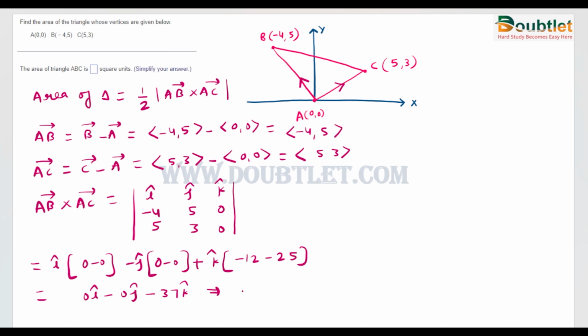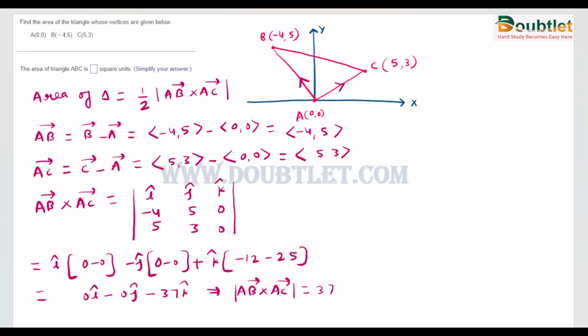If we find the magnitude of AB cross AC, then definitely we will get 37, because we find it as 0 square plus 0 square plus minus 37 square, under root. So definitely we will get it as 37.